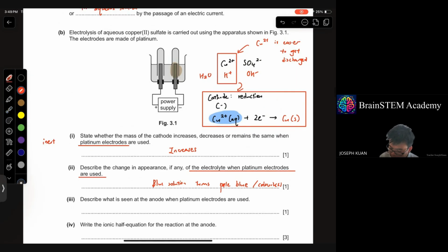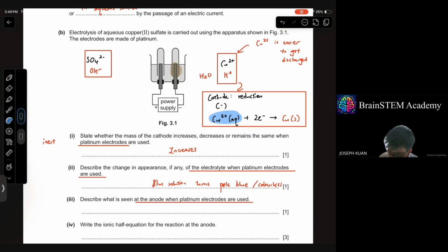Next, describe what is seen at the anode when platinum electrodes are used. Now, when platinum electrodes are used, we do not care about the electrode. Instead, we focus on the electrolyte. So the anode, which is the positive terminal, will attract these 2 ions from the electrolyte, and it will be our hydroxide that gets selectively discharged.